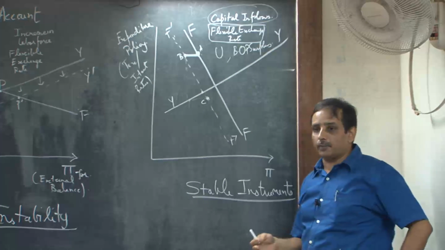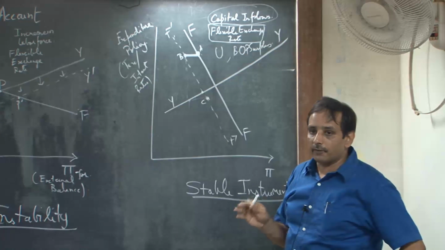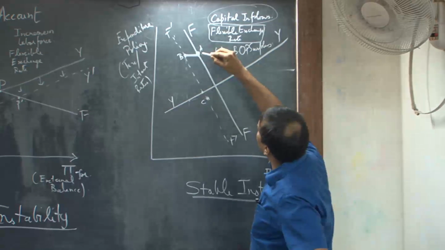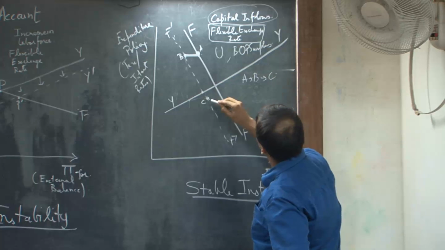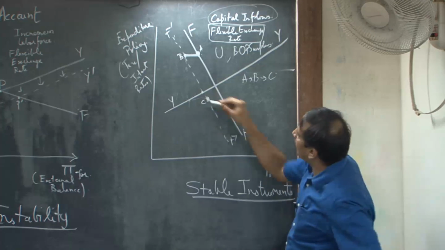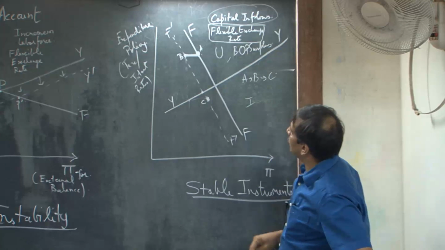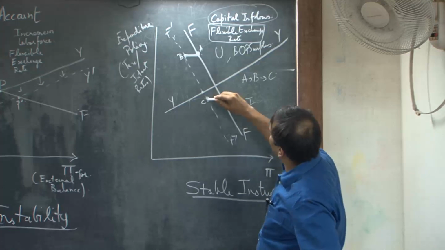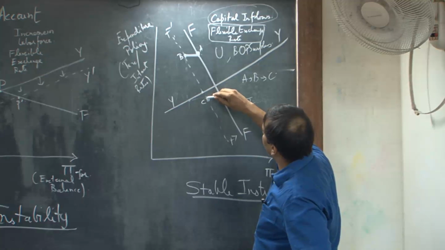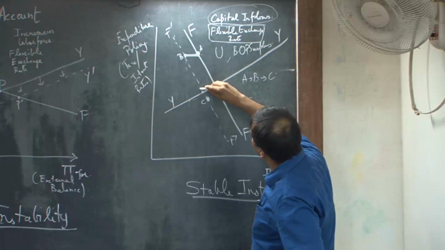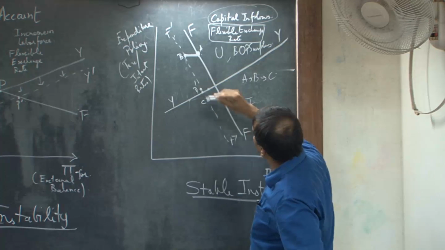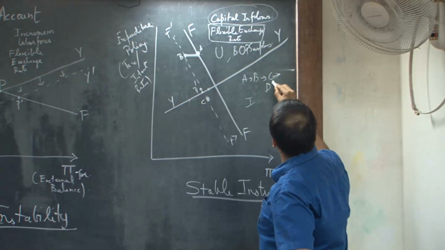You cannot have a balance of payment disequilibrium when you have a flexible exchange rate. So the movement will be A to B, B to C, then at C you are below YY, you have inflation, so you adopt more restrictive expenditure policy. You cannot come to this point D, but you will come to a corresponding point D dash. So C to D dash.